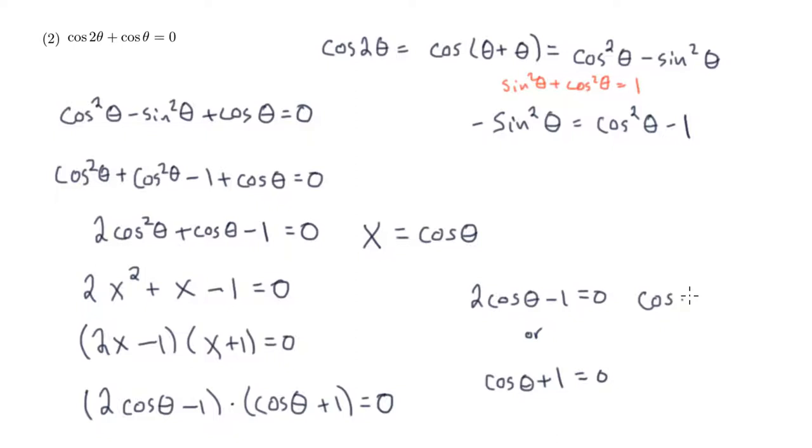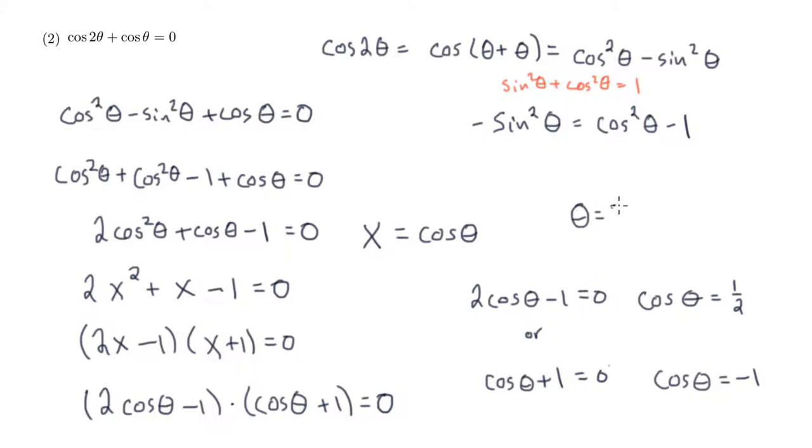But this just means cosine theta is 1/2, and this just means cosine theta is negative 1. So I'm looking for values of theta between 0 and 2 pi for which cosine theta is either 1/2 or negative 1. But we can just look at the unit circle and list those out.